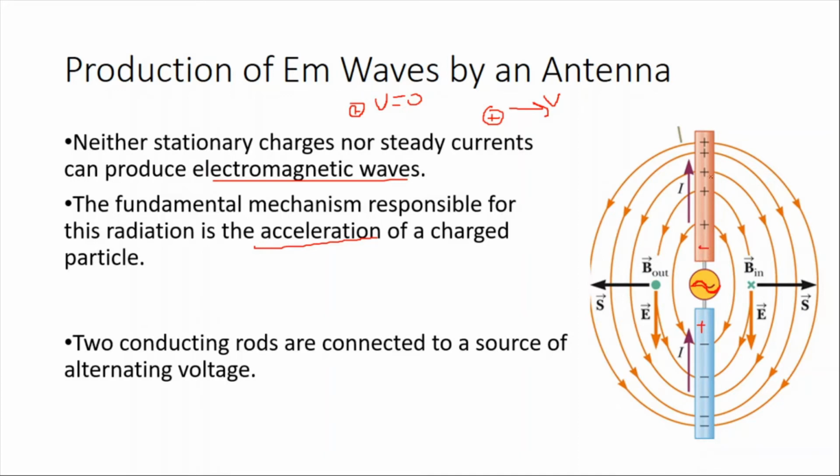As the polarity of this rod and this rod is changing, an electric field is produced from this plate to that plate, and since the charges on these rods are changing, this produced electric field is also changing. As I explained before, a changing electric field produces a magnetic field which is perpendicular to the electric field, and they are propagating in the empty space.